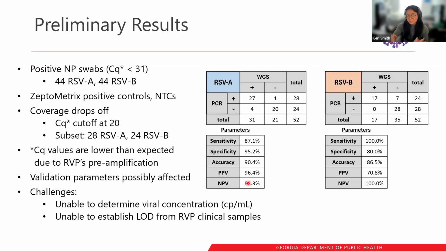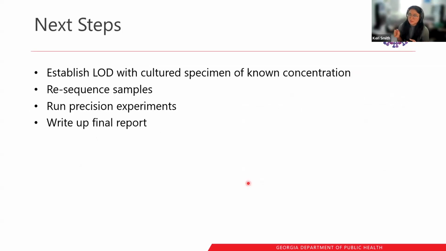For the next steps, I'll be ordering a couple of culture specimens of known concentration from a vendor for RSV A and B. With those known concentrations, I'm able to serially dilute them and then determine the LOD in copies per mL.